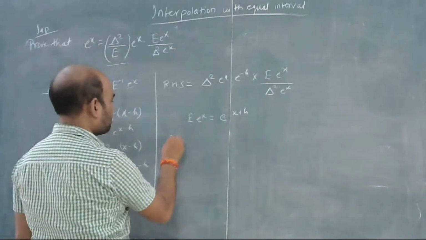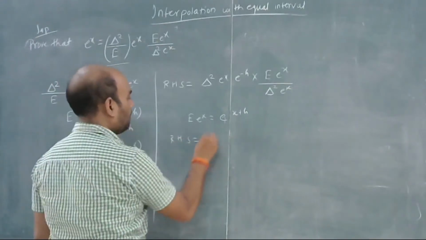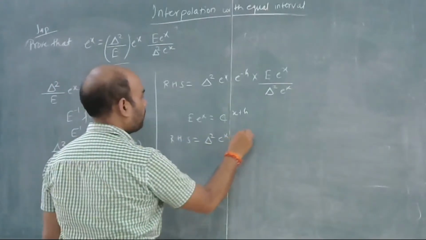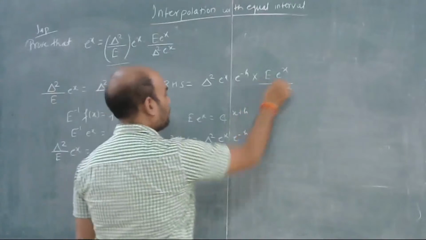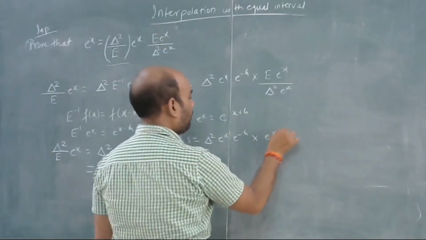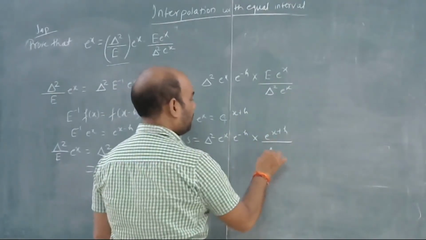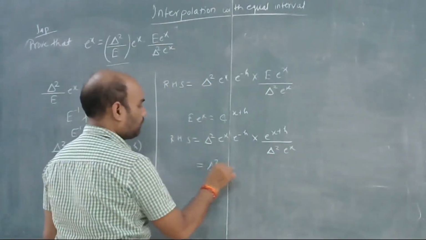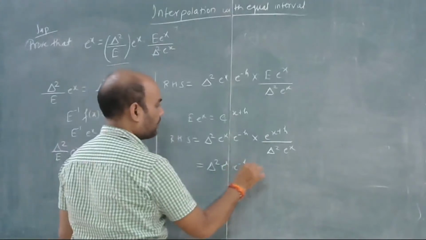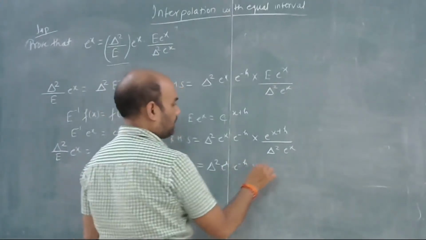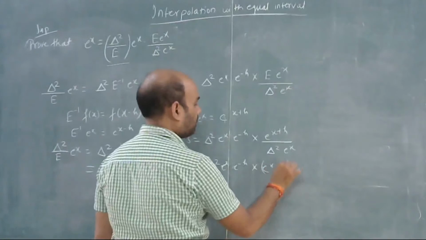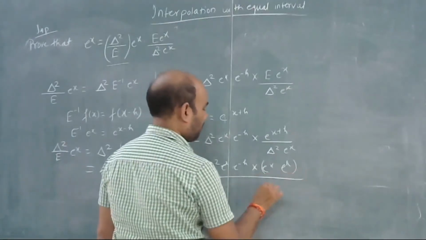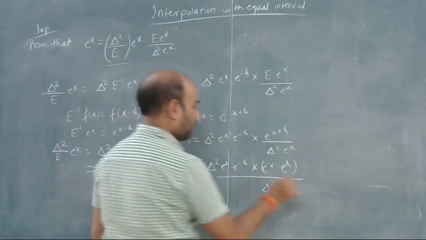So this is e to the power x into e to the power h, whole divided by del square e to the power x.